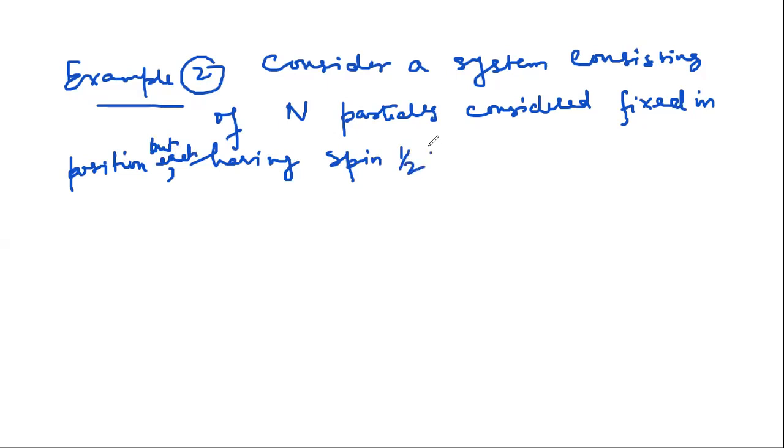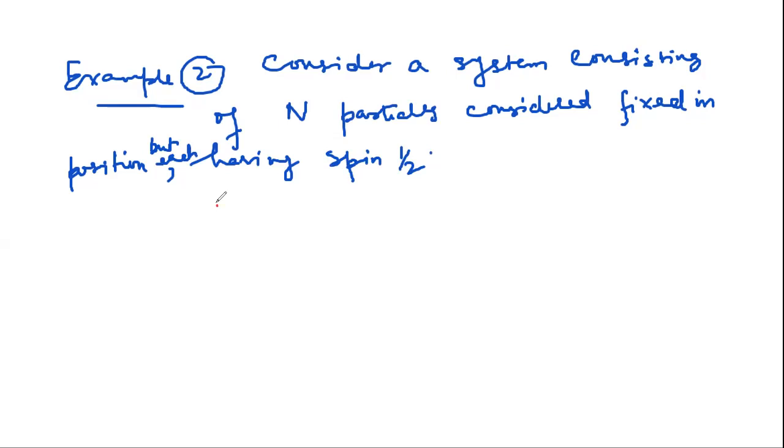Now, if my system is like this, I have a system consisting of n particles which are assumed fixed in position, but each have a spin of half.